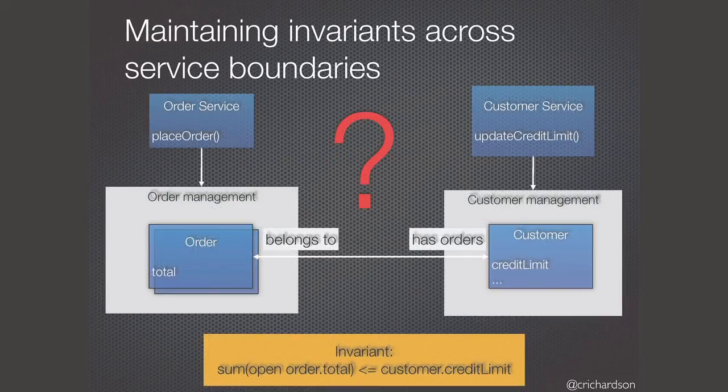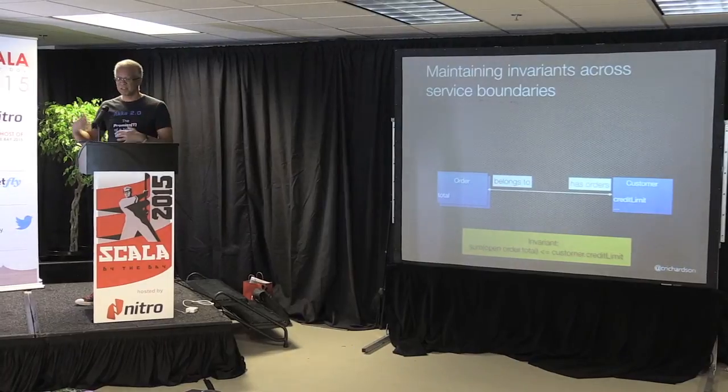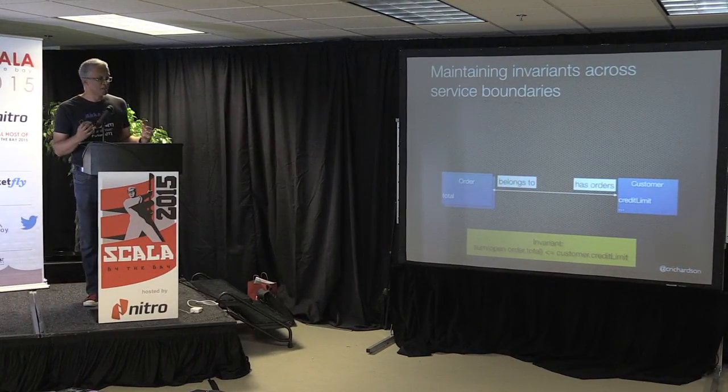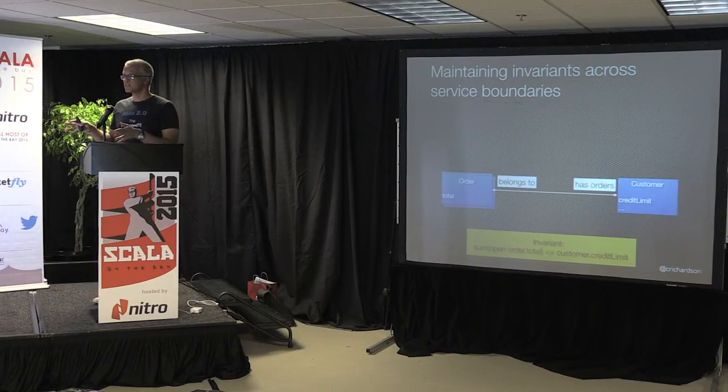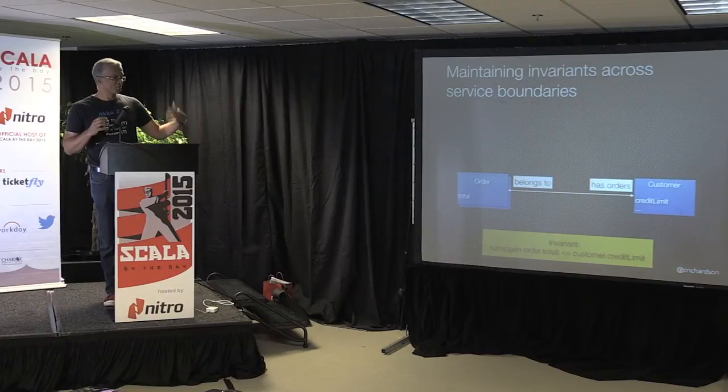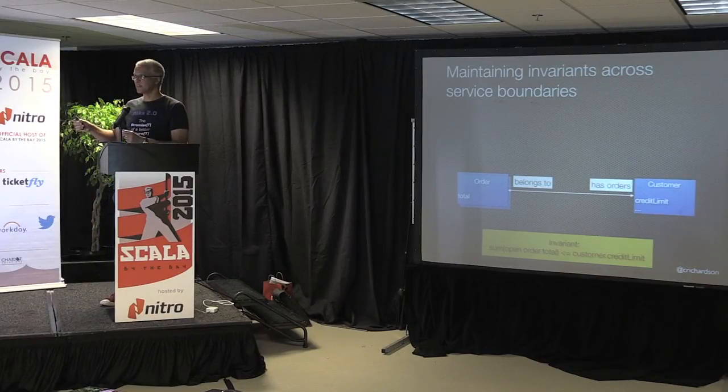And so one classic problem is typified by this. Imagine you've got just orders, and orders belong to a customer, right? Incredibly simple domain model. But then let's imagine that there's a constraint where the sum of the totals of the open orders for a given customer must not exceed the credit limit.